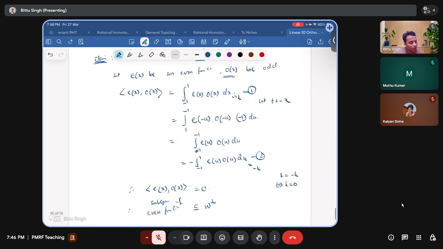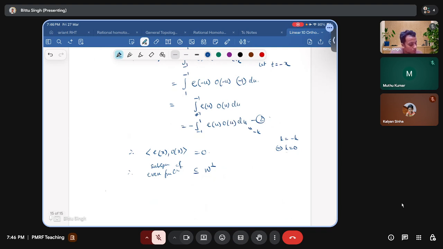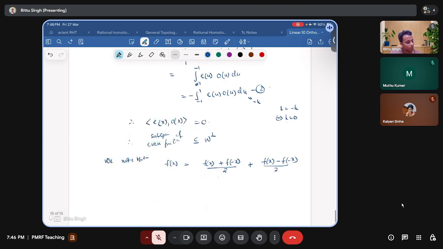Okay. Now we note that we can always express any function by the standard trick: f(x) plus f of minus x by 2, plus f(x) minus f of minus x by 2. And note that the first is an even function, and the second is an odd function.